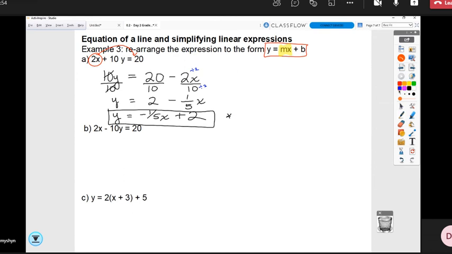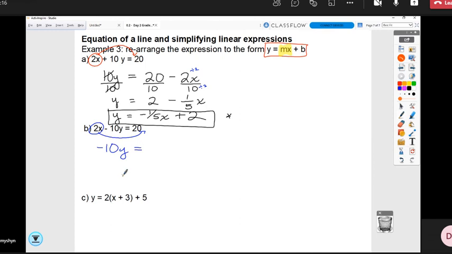Next one. 2x minus 10y equals 20. So same idea. We're going to get the y all alone. And this is where it's a little weird, because it says minus 10y. So when there's nothing in front of it to minus, it's now like negative 10y equals, and we're going to do this strategically.